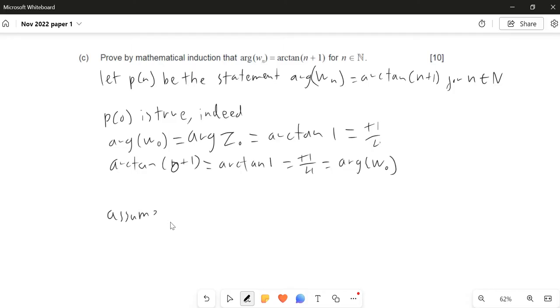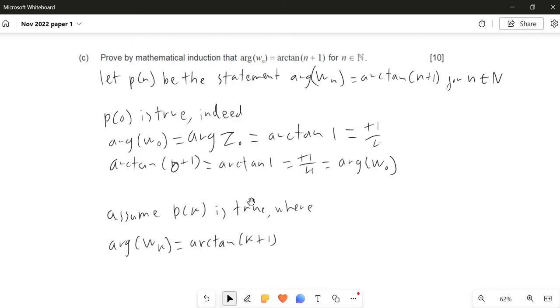Okay, and then assume P of k is true, where arg W of k equals arctan of k plus 1.